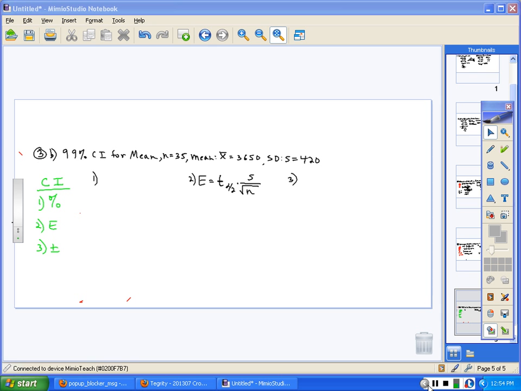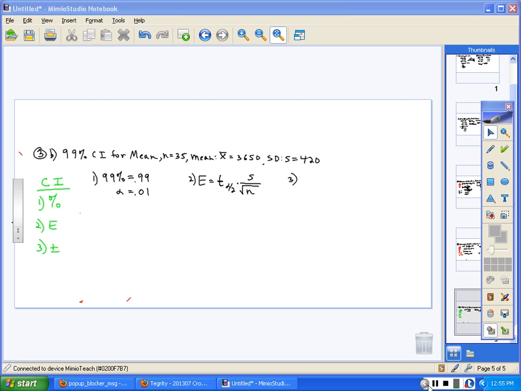Okay, so we cannot use the cheat sheet for the Z table because we're going to the T table for this one. And we did one of those in 1B. But to remind you, you start with 99%, which is equal to 0.99. Alpha then would be 0.01, how much you need to get to 1.